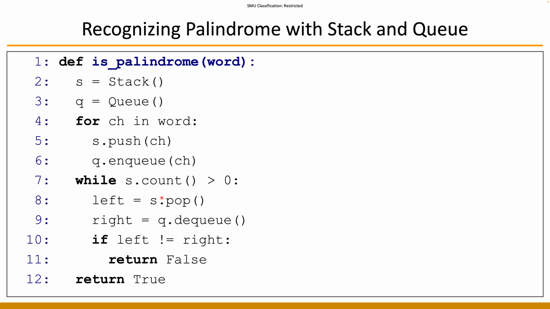One is from the stack, where we use the pop operation. And then from the right hand side, this is the queue, we remove the element from the queue. Then we compare. If the left doesn't equal right at any given point, immediately we say that failure is detected. We'll return false. Otherwise, we'll return true.